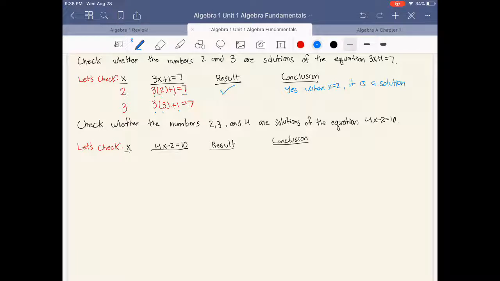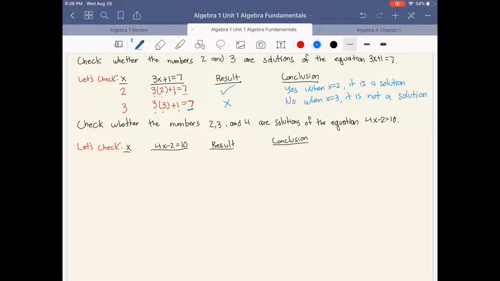But does that equal 7? No, it does not. So when you conclude, you're going to say no. When x equals 3, it is not a solution for 3x plus 1 equals 7.